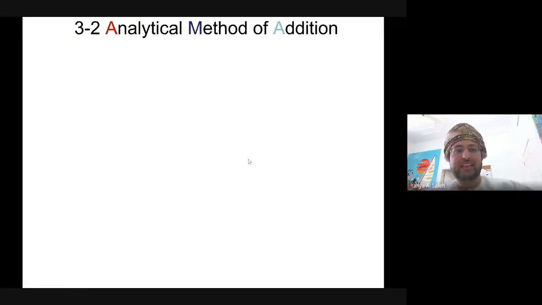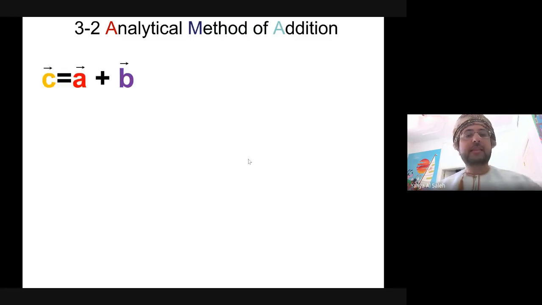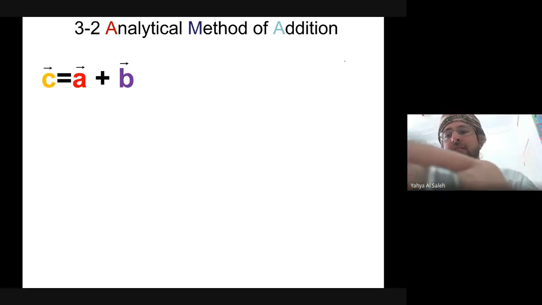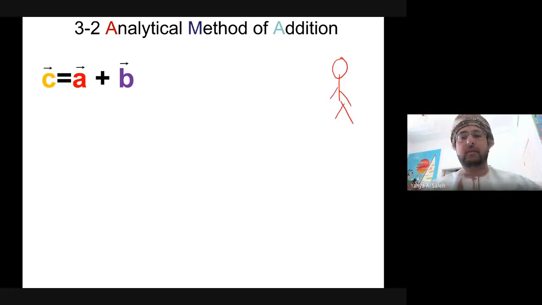Okay, analytical method of addition, what is it? We finally arrived at the method that I personally prefer. Let's say vector C is equal to A plus B. I can draw it, but I do not know how many of you are good at drawing; I am terrible at drawing. I don't like drawing.